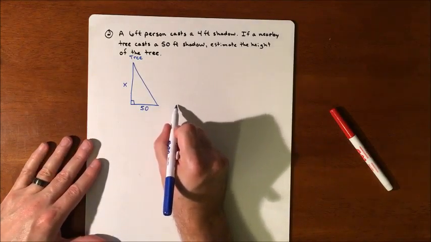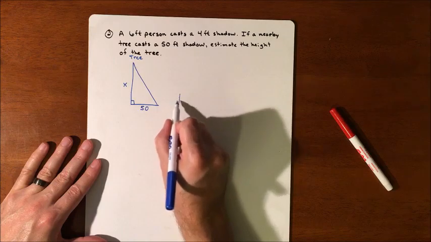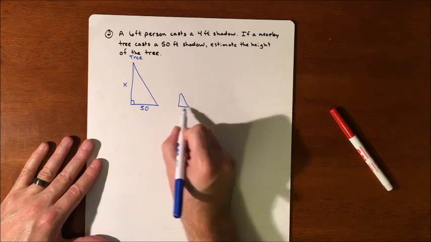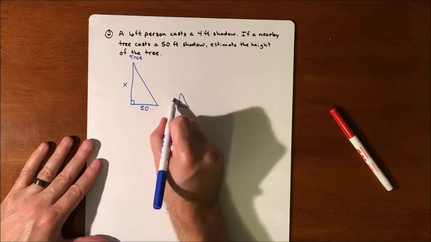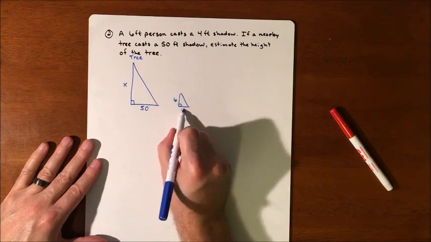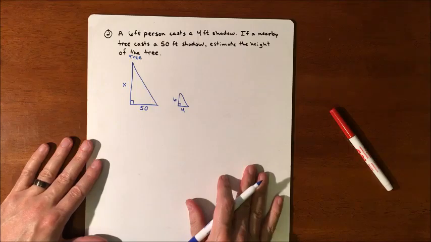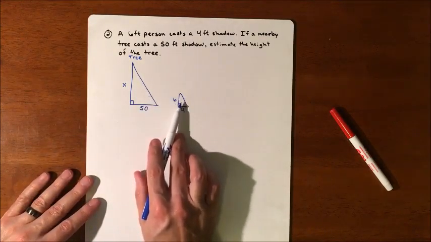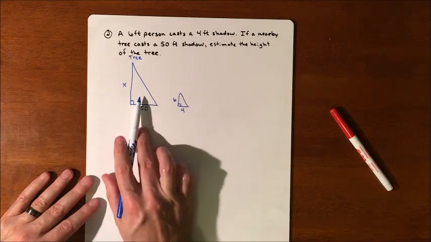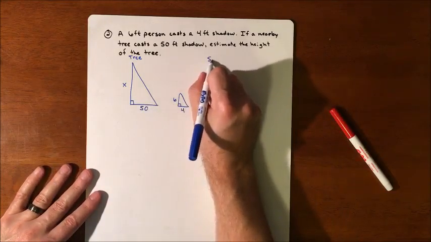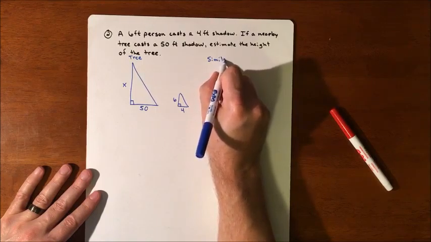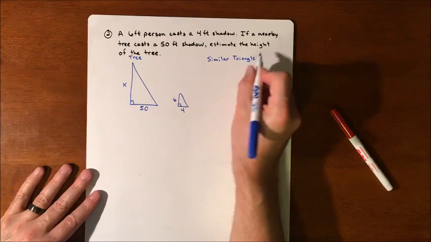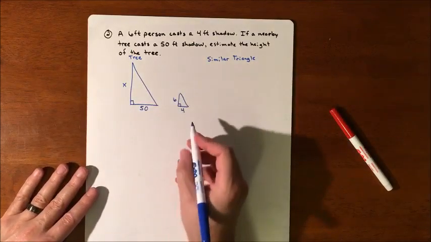And then we have a person standing nearby, and they are standing straight up and down. 6-foot person casting a 4-foot shadow. So the biggest thing that we recognize out of this is that the smaller triangle is similar to the bigger triangle. So if you're talking about similar triangles, in order for them to be similar, you need all the angles to pretty much match up.